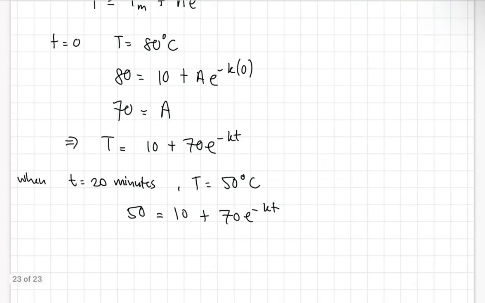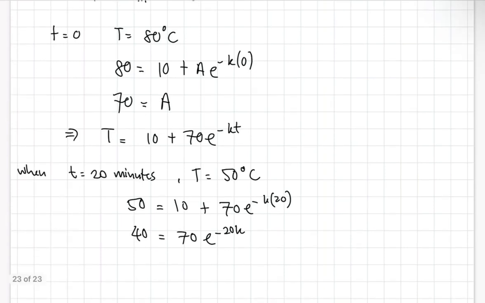Sorry, t is 20 minutes. Now you can solve for K. So 50 minus 10, 40, equals 70 e to the power of minus 20K. 40 divided by 70 equals e to the power of minus 20K.